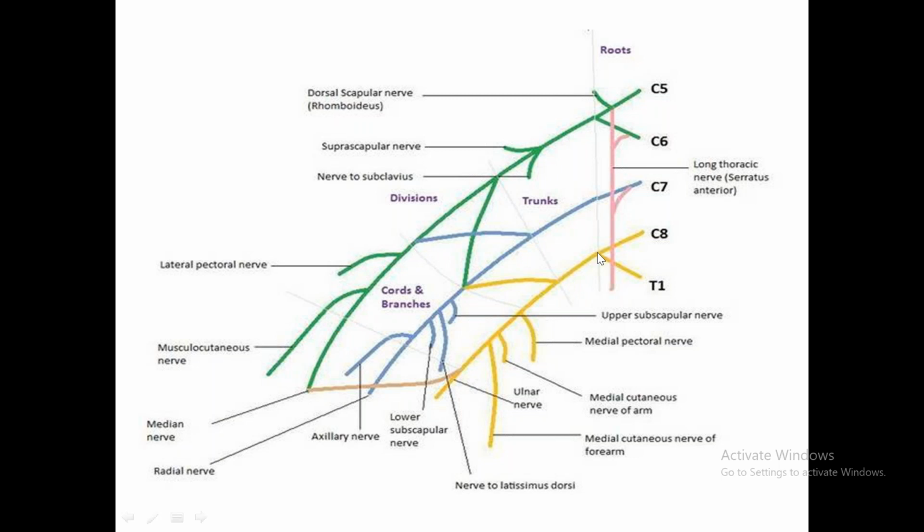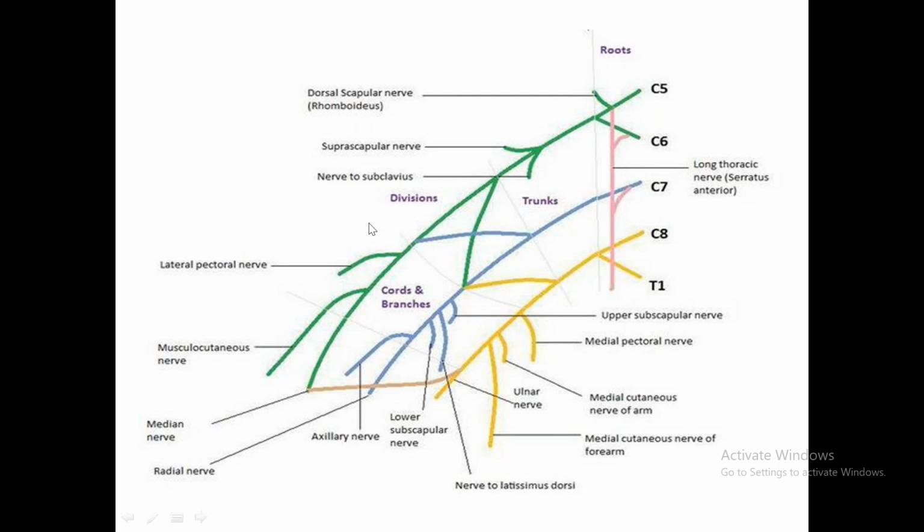The nerves arising from the medial cord of the brachial plexus are medial division of the median nerve, medial cutaneous nerve of forearm, medial cutaneous nerve of arm, ulnar nerve, medial pectoral nerve, and the nerve arising from the roots of the brachial plexus is long thoracic nerve.